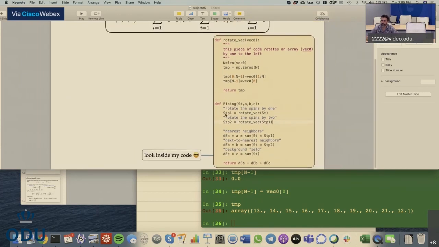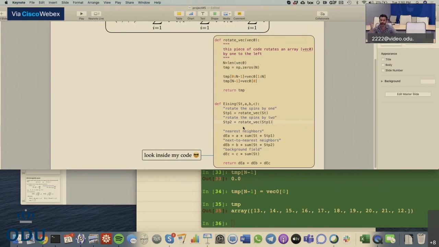And I call that STP1. I think P1 refers to +1. I can't remember. Just one rotation, right? And just shift them all over by 1.